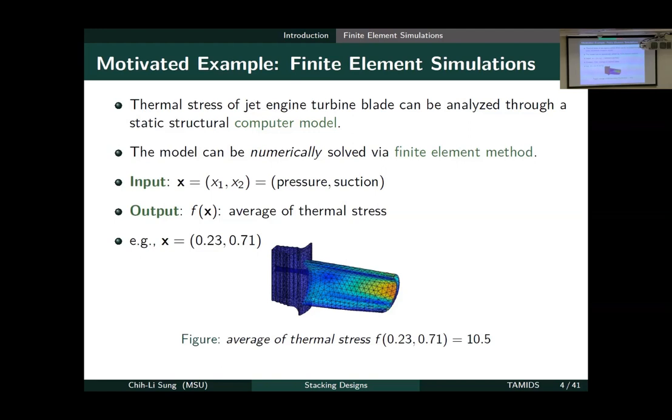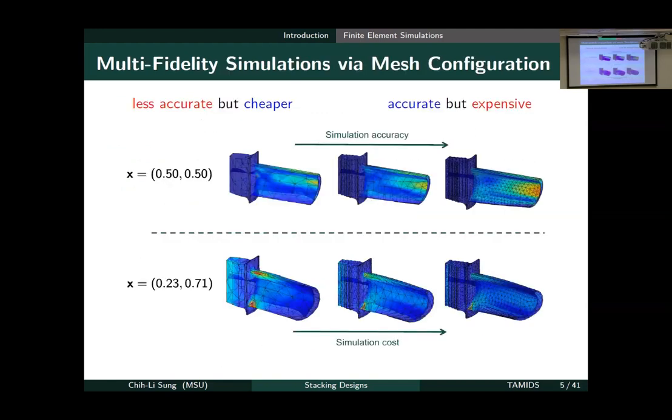So how do we build this surrogate model for this problem? Well, we could find a statistical model that can leverage low fidelity simulations and high fidelity simulations. Let me show you this example. Given this input location, 0.5 and 0.5, we could have 3 different fidelities of simulations.